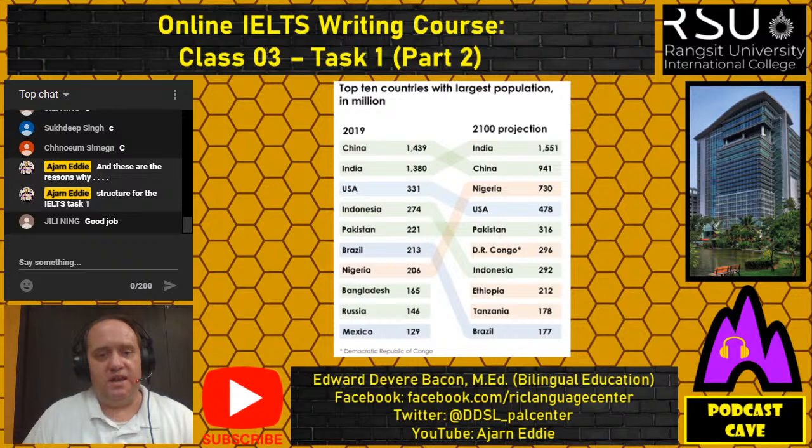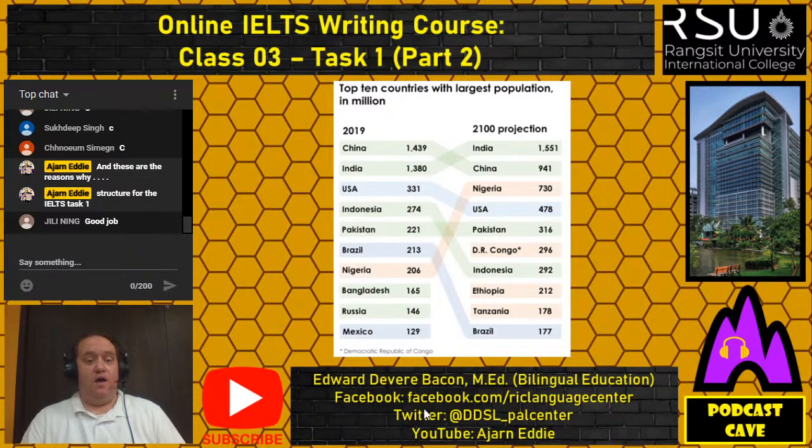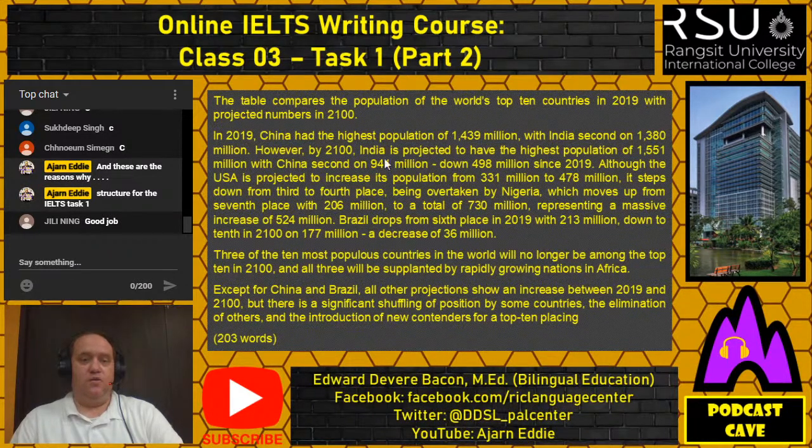And remember, in any sentence, you need to have a topic and a verb, okay? So this right here is a topic. And then you can see that they added the verb to make it a complete sentence. All right, so the table compares. Okay, this is the action word. The population of the world's top 10 countries in 2019 with projected numbers in 2100.